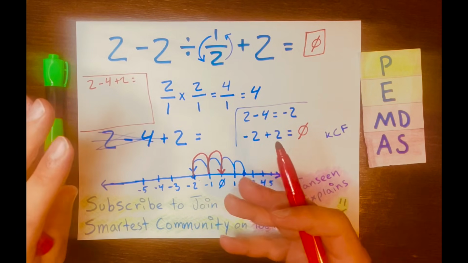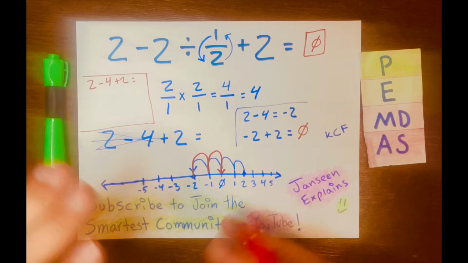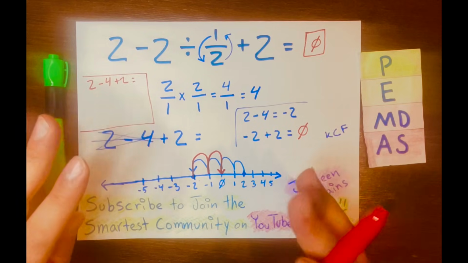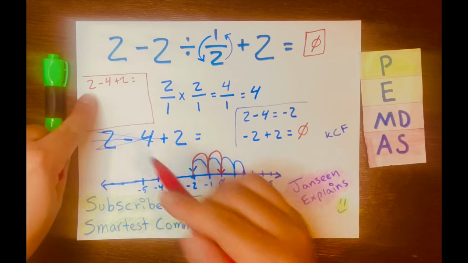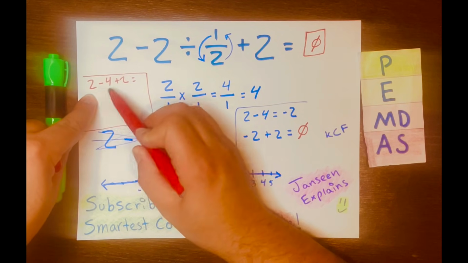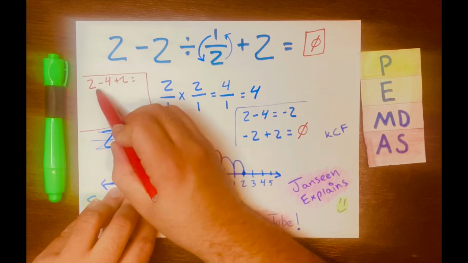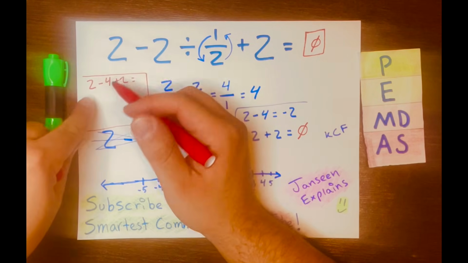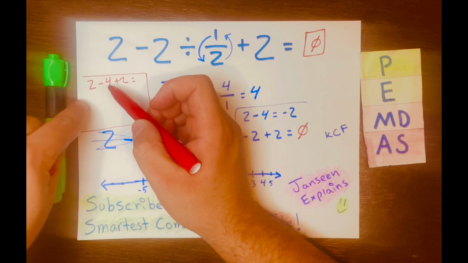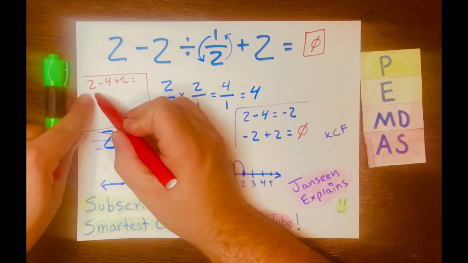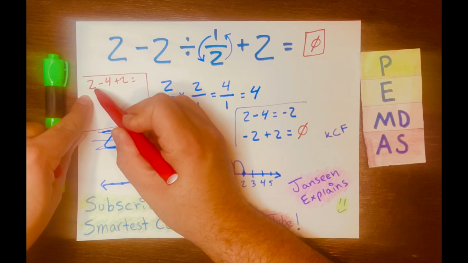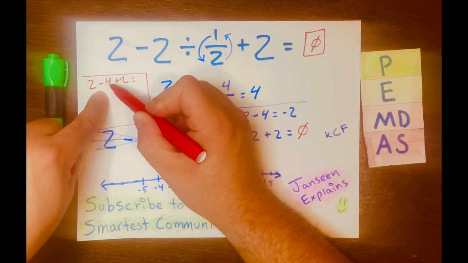There's a rule called the rules for subtracting integers, and we have integers here. And all you have to do is subtract the smaller number, which is 2, from the bigger number, which is 4.